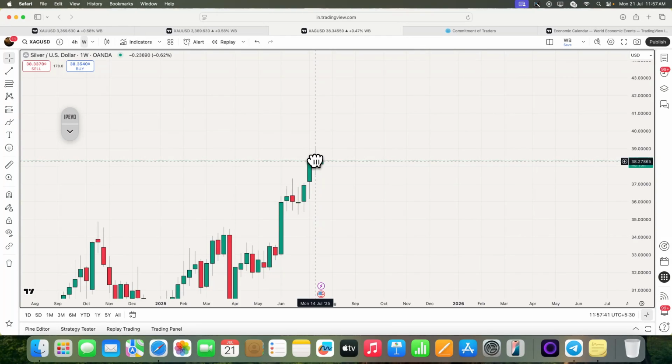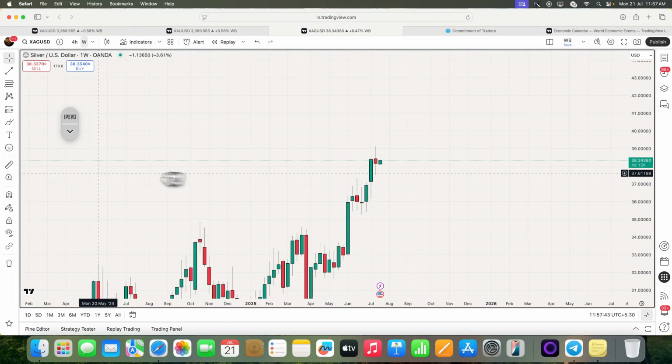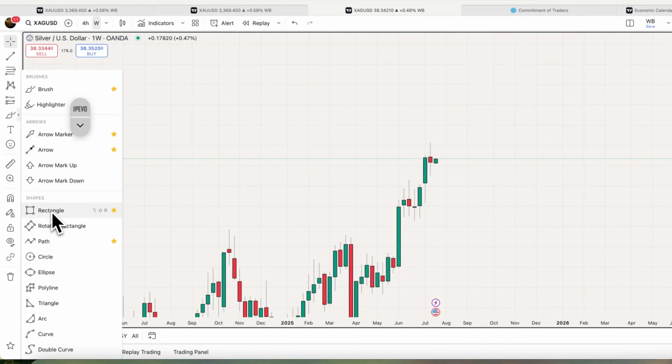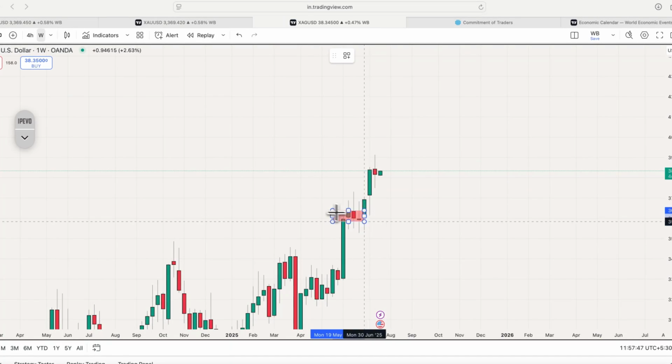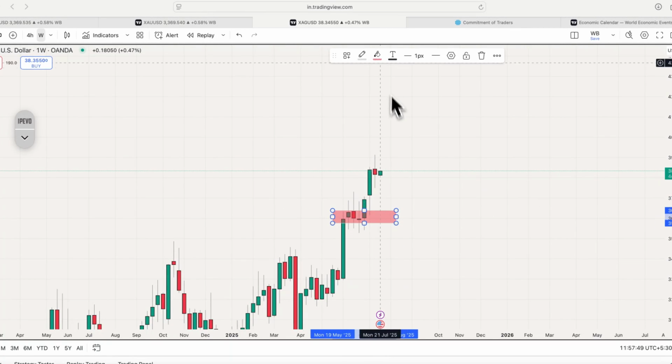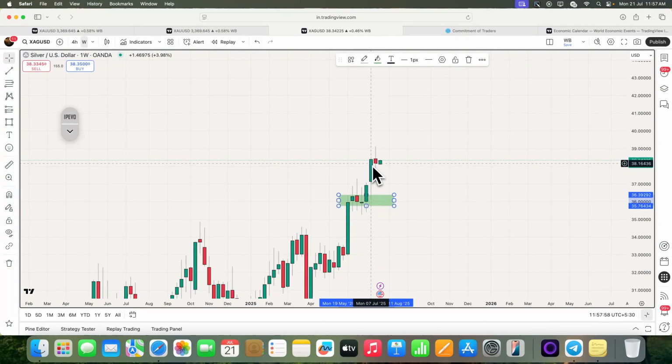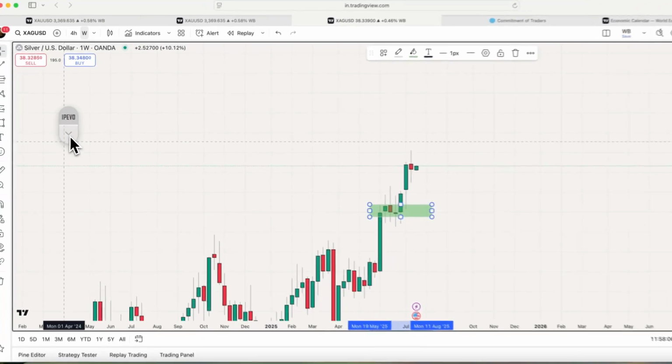And it is now a crucial point because previously we have seen a range on the weekly time frame on silver right over here, and after the breakout and retest we have seen a good bounce. But now the previous week closed with a red spinning top, so we have to be very careful right over here.